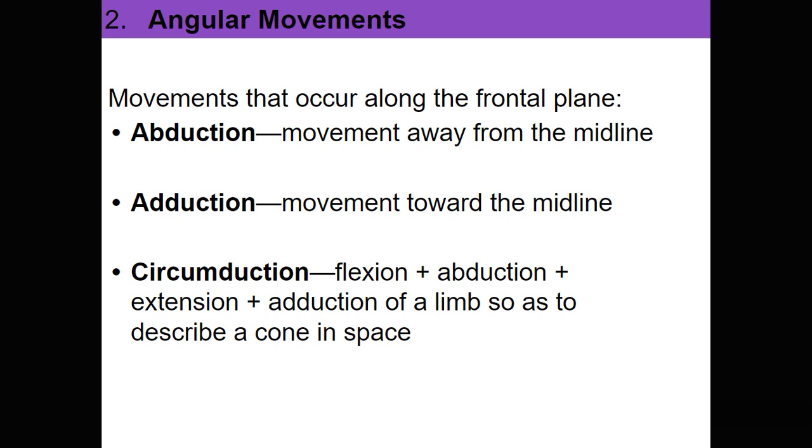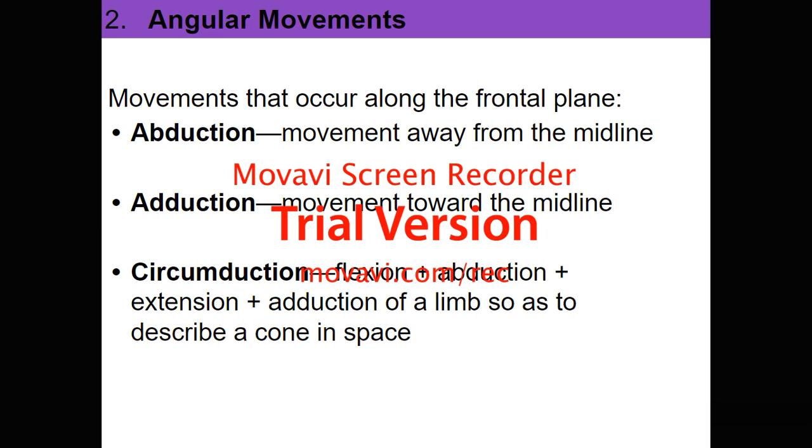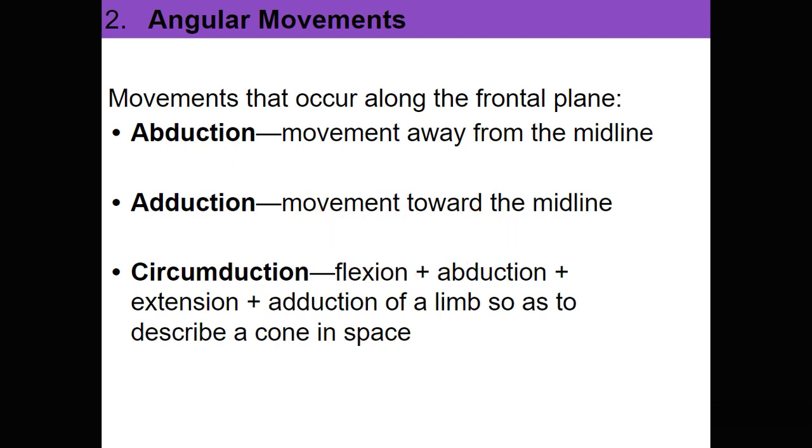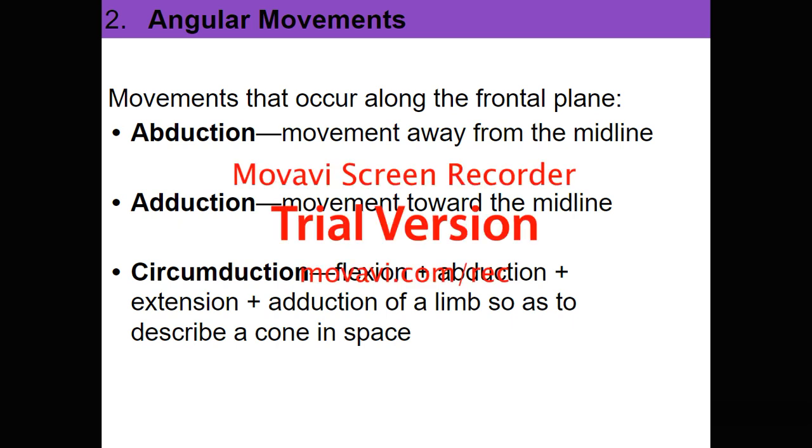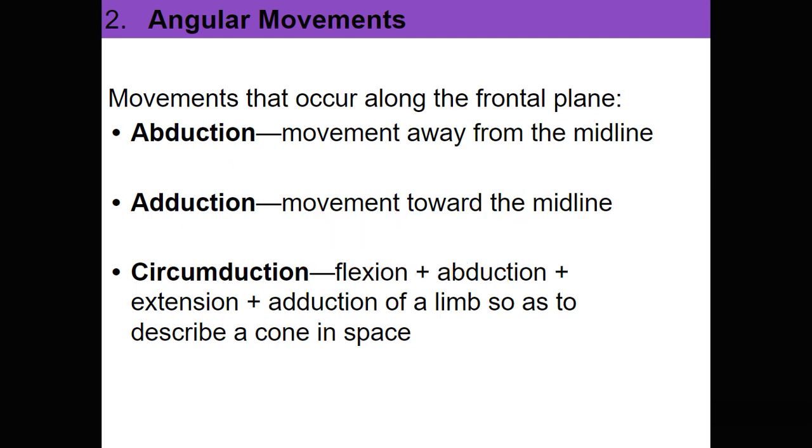If you're moving your arms toward your body, you can think of that as adding, addition, plus one. That's the way I put it in my head to make it easy to remember. Then abduction is the opposite. You're moving away from the midline. And then circumduction, again, describes moving in a circular motion, usually at the distal end of your limbs. It's also described as a cone in space, but that's circumduction.